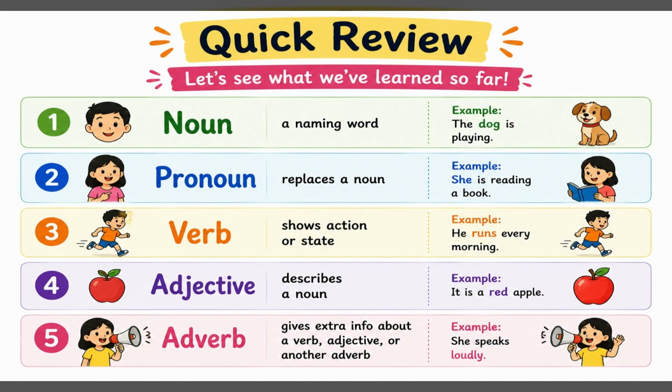It can tell us how, when, where, or how often something happens. For example, she sings beautifully. She speaks loudly. So, we have already learned five members of our parts of speech family.